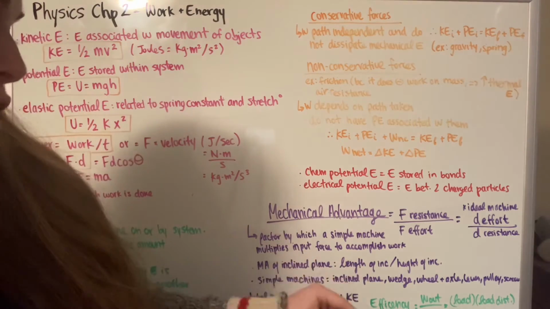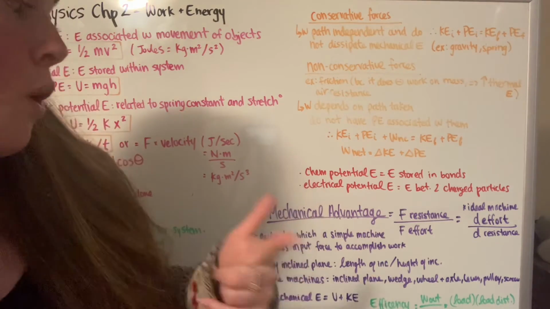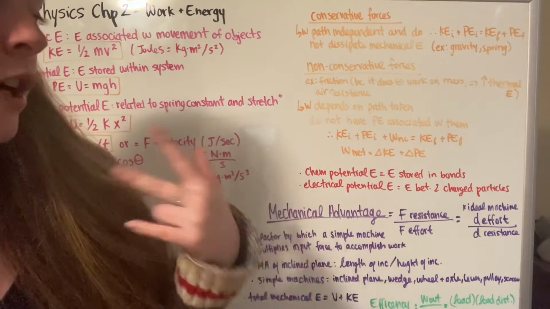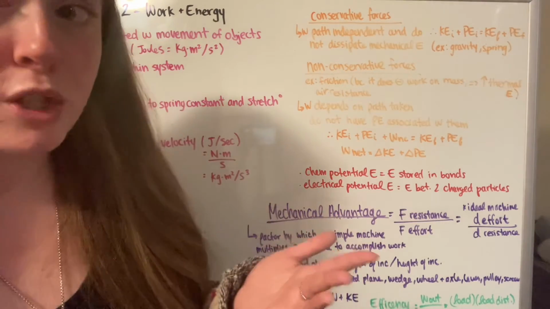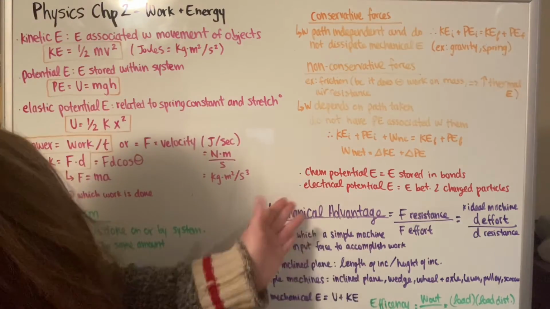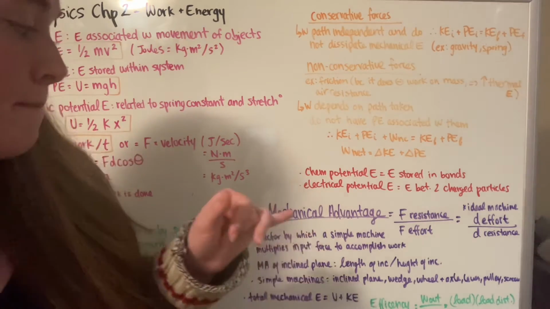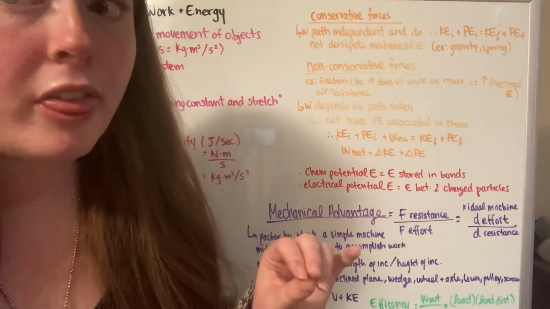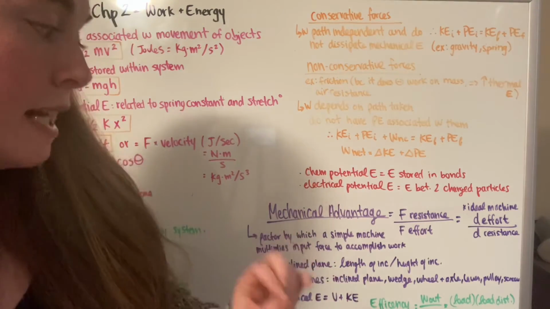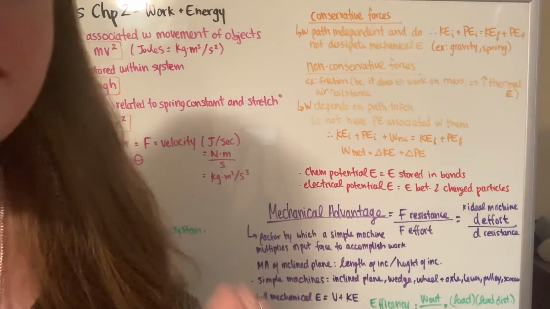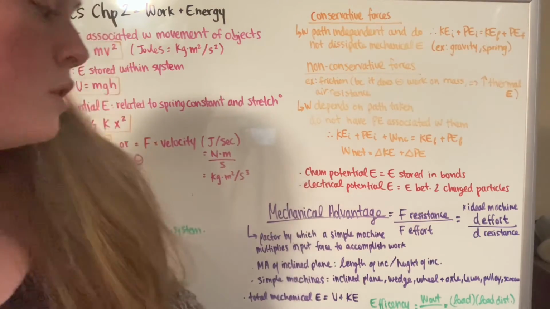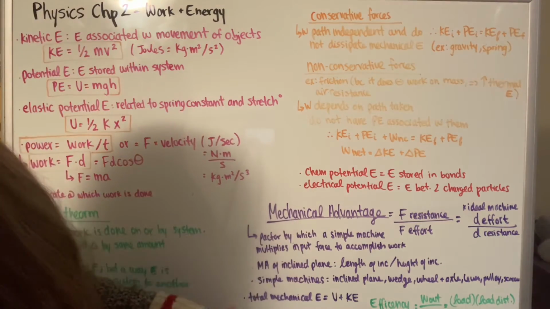And we use simple machines to do this. So inclined plane, wedge, wheel and axle, lever, pulley, and a screw are all types of simple machines that can give us a mechanical advantage. And the mechanical advantage of an inclined plane is the length of the inclined plane divided by the height of the inclined plane. Okay, so that's for an inclined plane specifically.